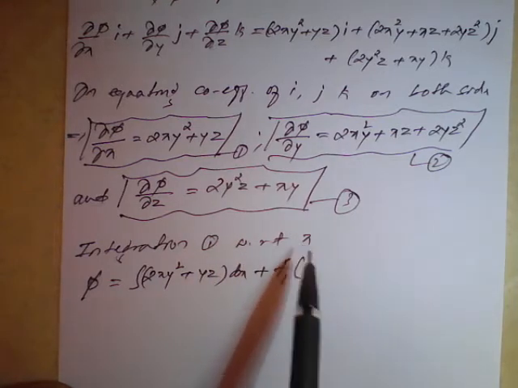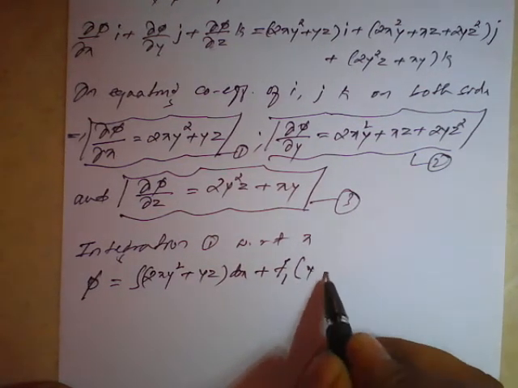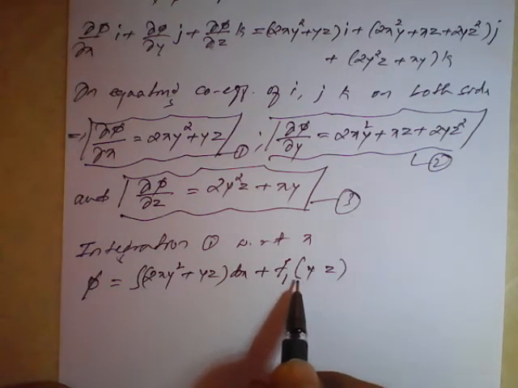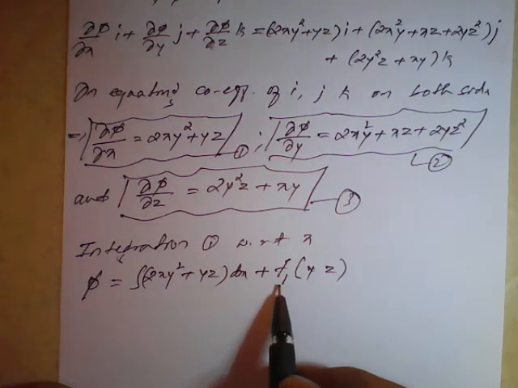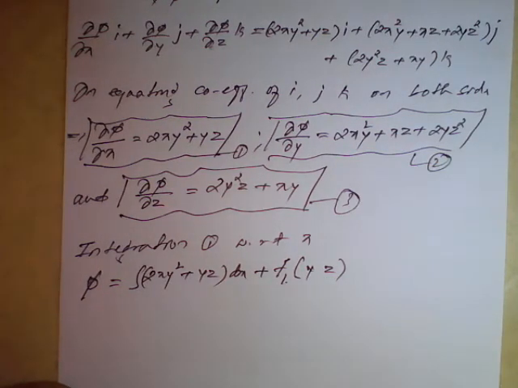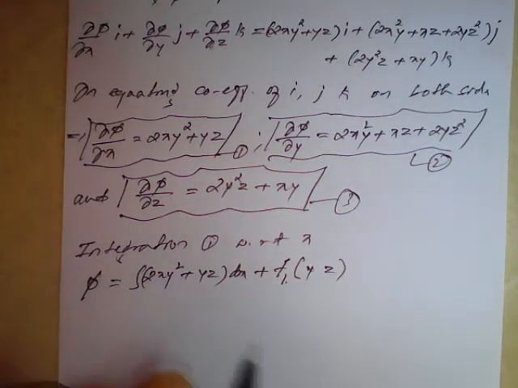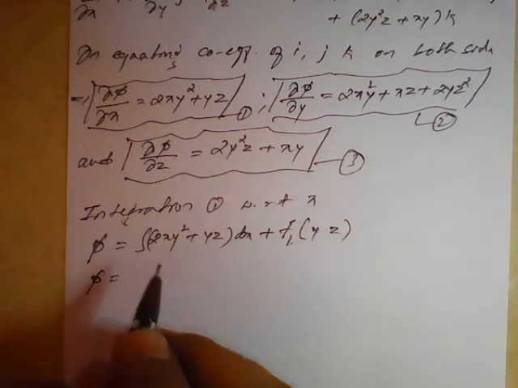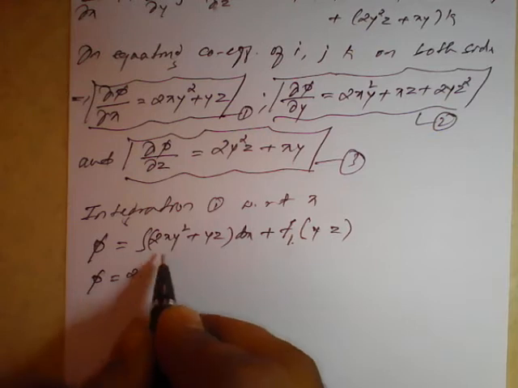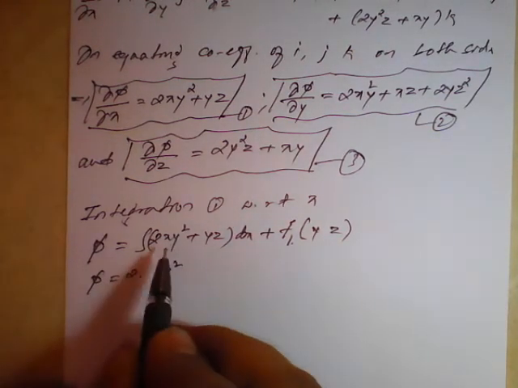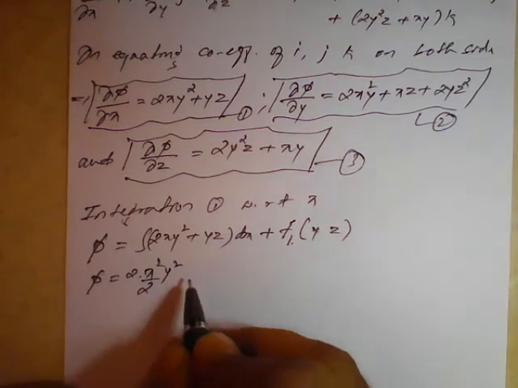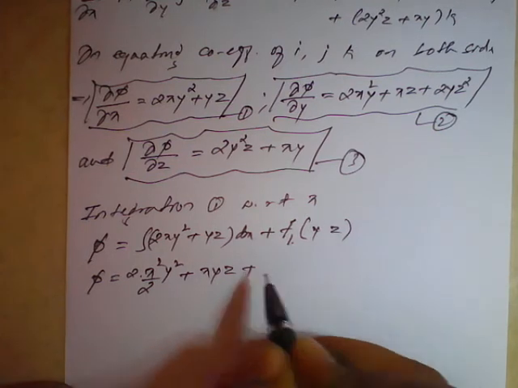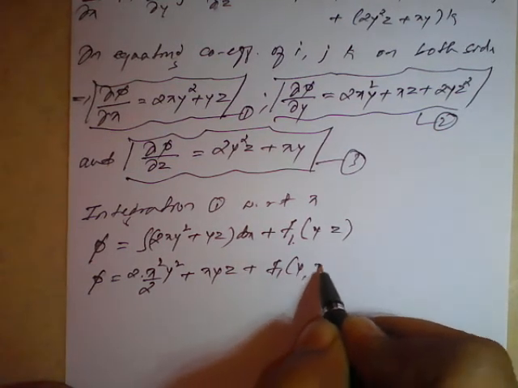If we integrate with respect to x, leaving x, we write the remaining variables in the integrating factor, so it becomes f1 of (y, z). The integration of 2xy² with respect to x: 2 and y² stay as they are, and the integral of x is x²/2; yz is a constant with respect to x, so it becomes xyz, plus f1(y,z).